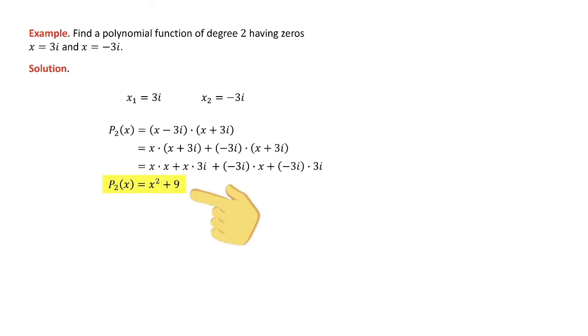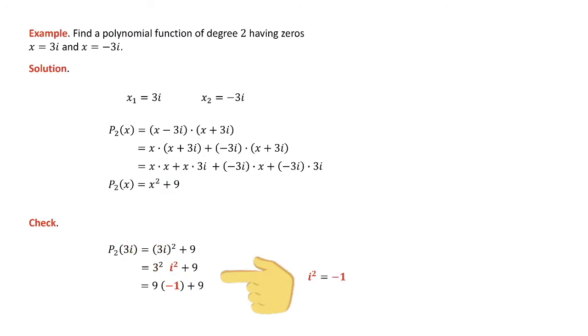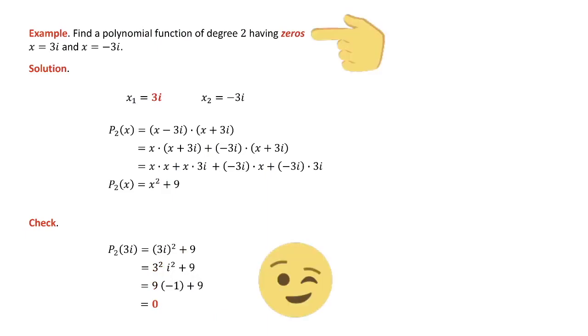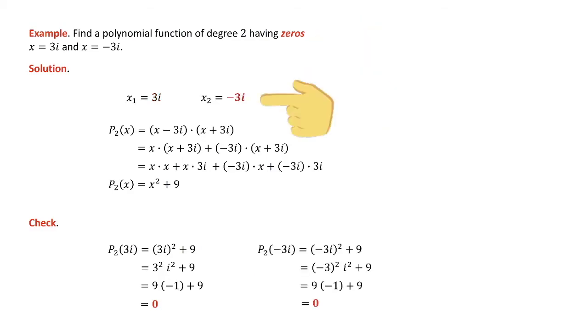And that's it. Again, you can check your work. You might not want to, but just plug in. 3 squared, i squared. i squared is minus 1. So I'm going to get 0. That worked out, and then you can check the other side. It's just a matter of how much you want to check your work.